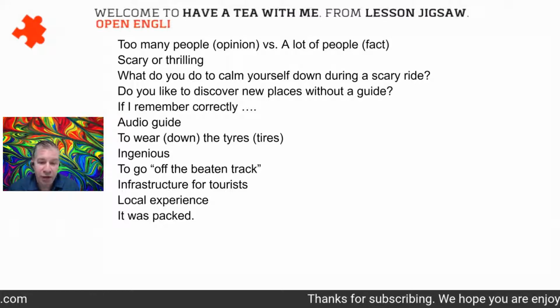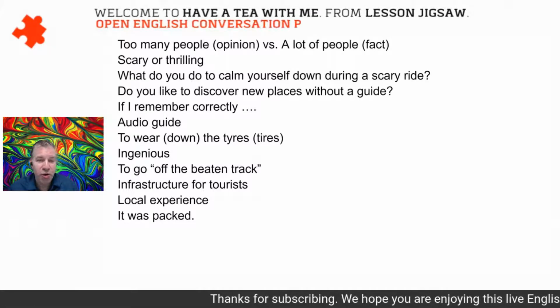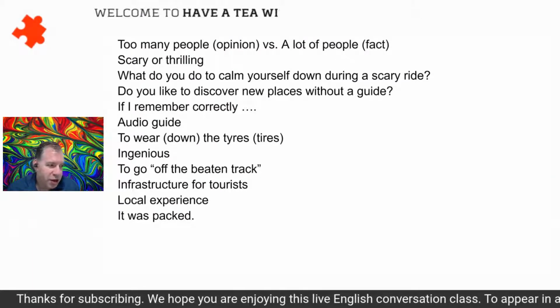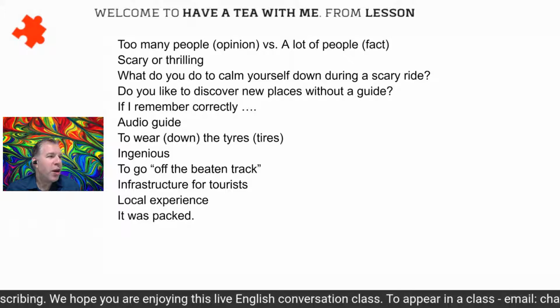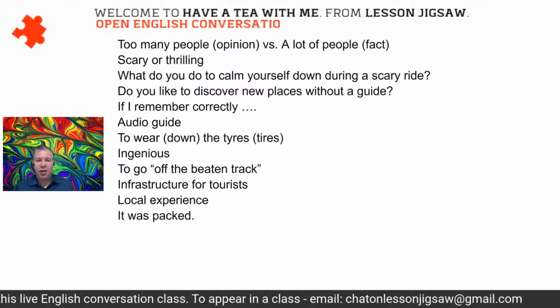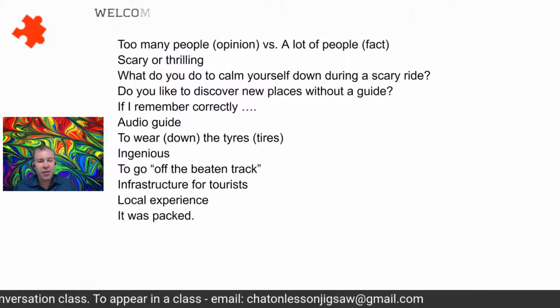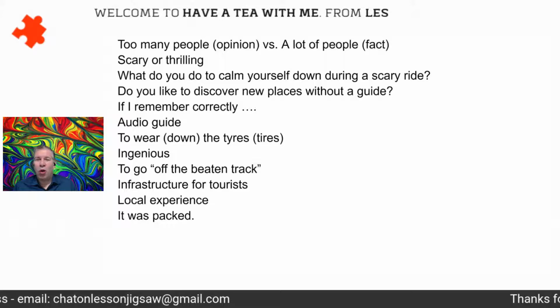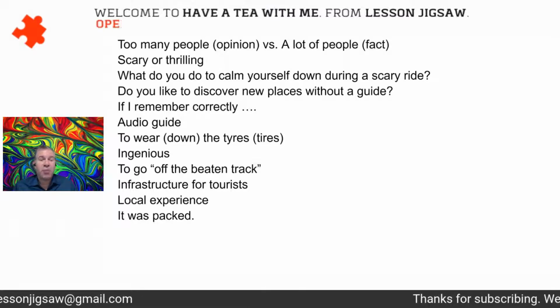It's very close to the side of the road. I think it was on the corner of an intersection. Now I don't know if the place was necessarily better or worse than the other one, but certainly I think the feeling you get is that it's a more local experience because you're amongst the locals.